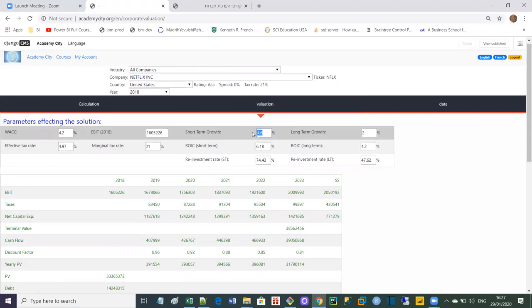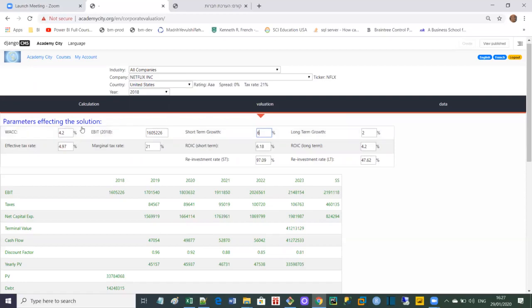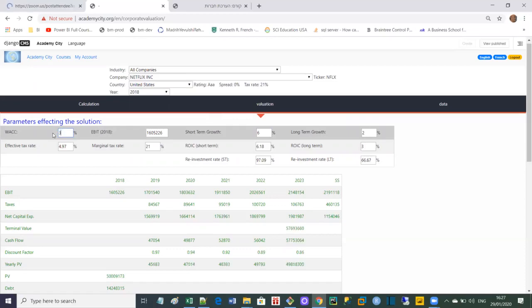For example, let's assume it will be 6% and not 4.6%, based on the past experience of the company. Okay, let's assume that the WACC will be even lower than 4.2. Let's say 3.78.